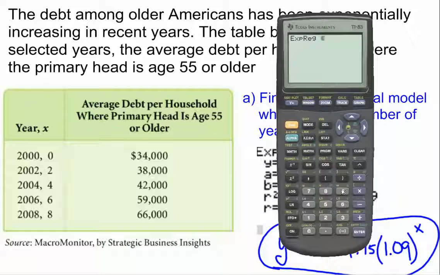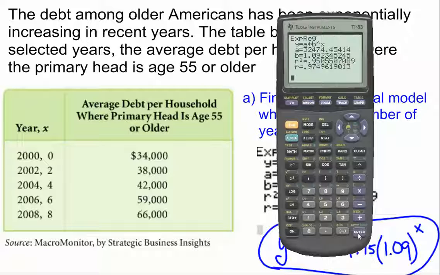Now to tell it to use list 1 for x's, list 2 for y's, and copy the whole thing into my Y=, we're going to find L1, which is right here above 1, so 2nd L1, comma, and then 2nd L2, comma, and then for the variables we go to the Vars button, over to Y-Vars, and we want a function, Y1. So it's going to use x as list 1, y as list 2, and then paste it into Y1.